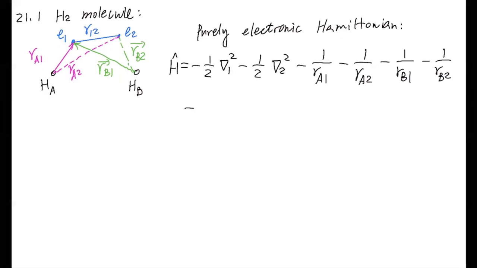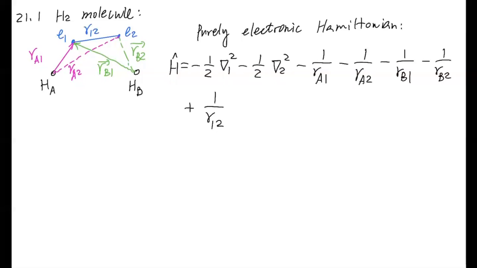Next, you will have another very important term, which is the repulsion between electron 1 and electron 2. Because repulsion is a positive potential, you have plus 1 over R12, in which R12 represents the separation between electron 1 and electron 2.